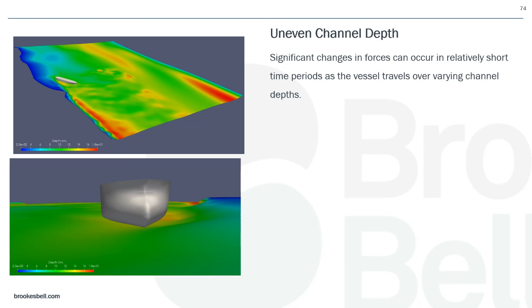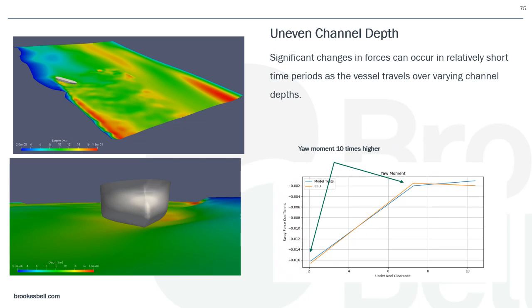And so when we consider if a vessel is constantly changing its under keel clearance, and you get these huge variations in your bank effect forces as a result, that can have huge implications on your yaw moment particularly.